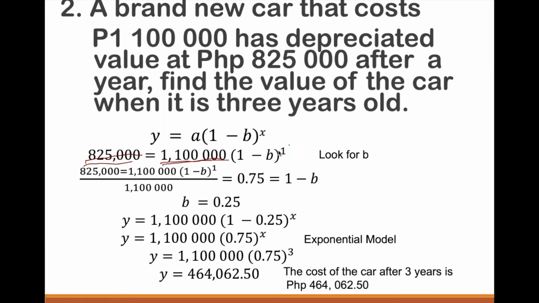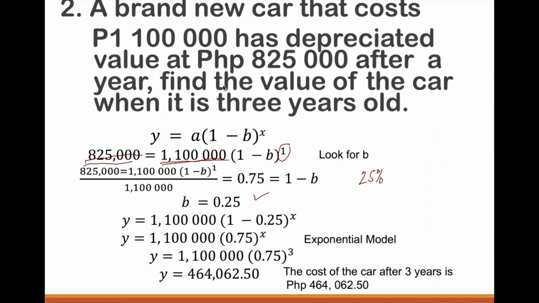So after a year, that's why it's 1. So having that, we can look for b. So substituting, we have 0.75 equals 1 minus b. So b is 0.25. So meaning the rate is 25%.